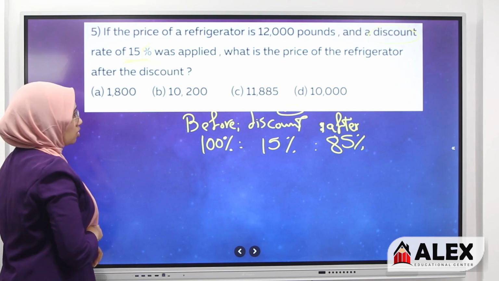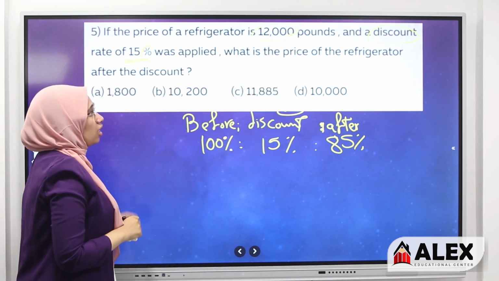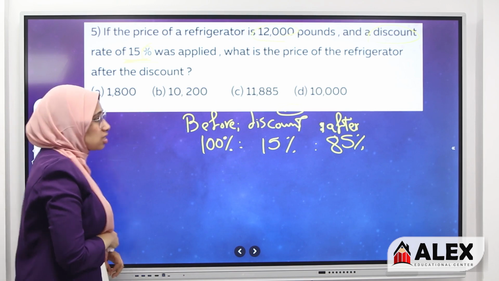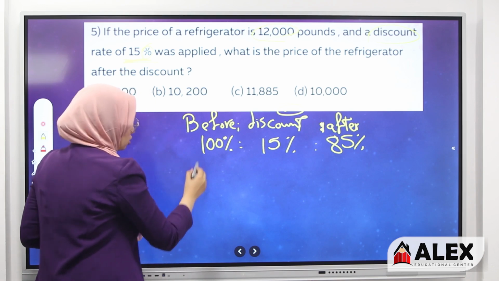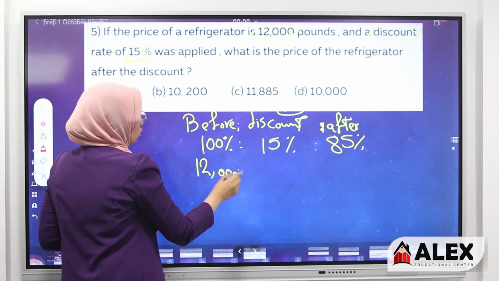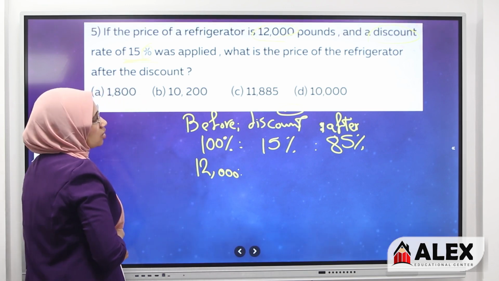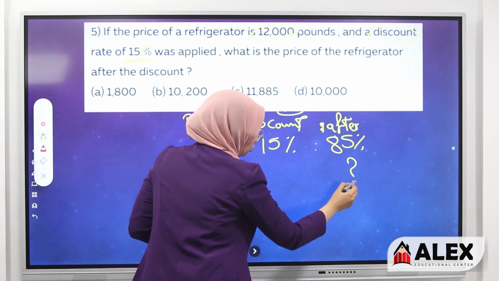And here 12,000 is the real price before the discount, so before the discount equals 12,000 pounds. We need the price after the discount.